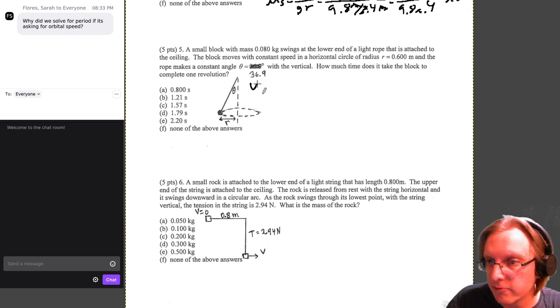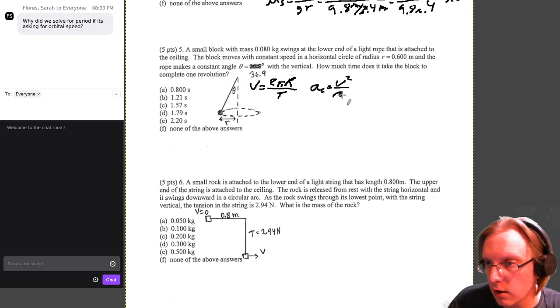We have a V, 2 pi r on t. We're looking for this t here. We have an r, we need the v. Well, okay. A centripetal, which is what we have, is equal to v squared on r. So there's our v here, and there's that r again.